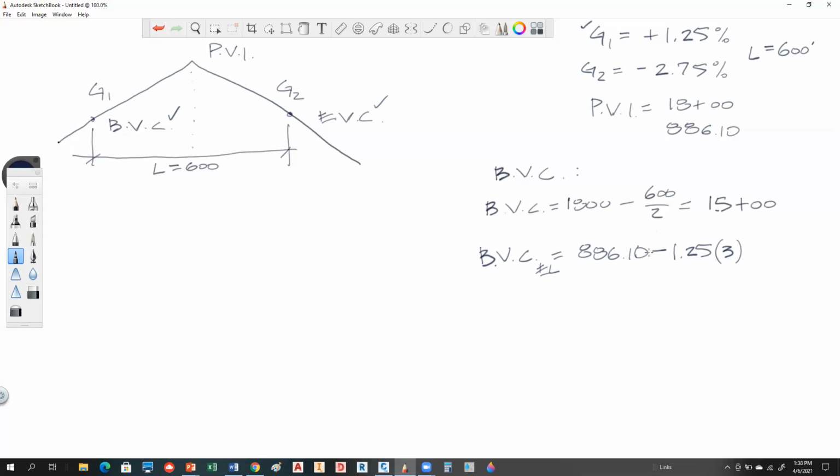All right. So we're going to take 1.25% times 3 stations. What that tells me is it's dropping 3.75 feet in that distance. So we're going to subtract that from 886.10, and I get 882.35.